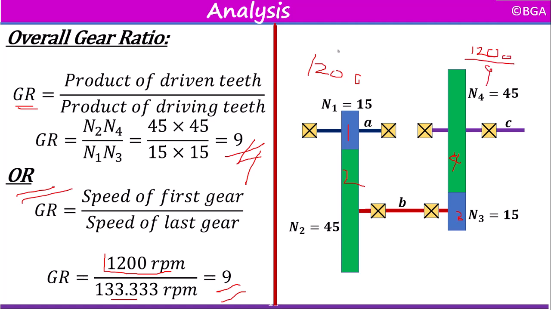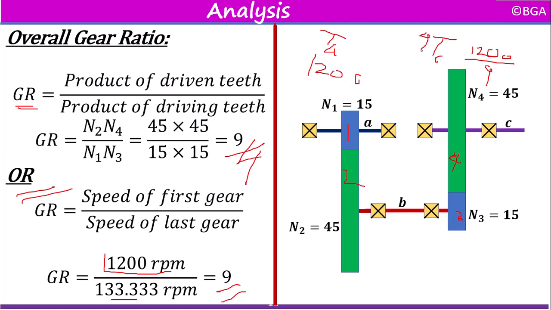Or in terms of torque, the input gear has a torque of, let's say, TA, and then the output gear is going to have a torque multiplied by 9.